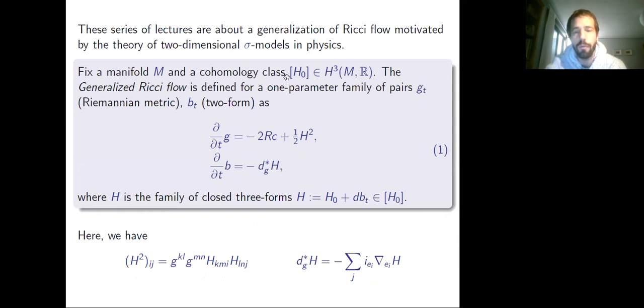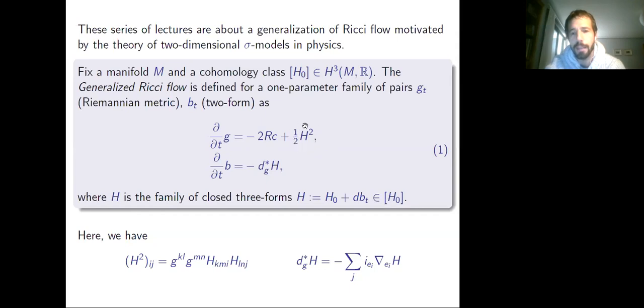Here, what you need to do is to fix one cohomology class, represented by H0, which is a closed three-form. And then what appears in the right-hand side, which dictates the evolution of the metric and the two-form, is on the one hand -2 Ricci. So these two terms here are the usual Ricci flow.